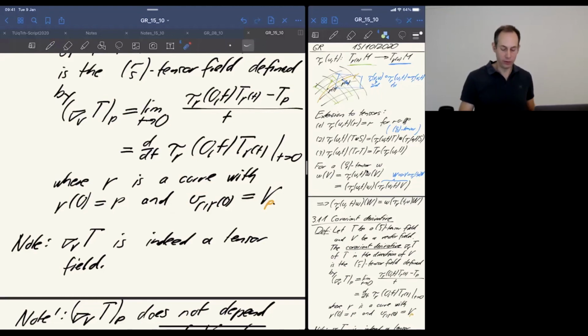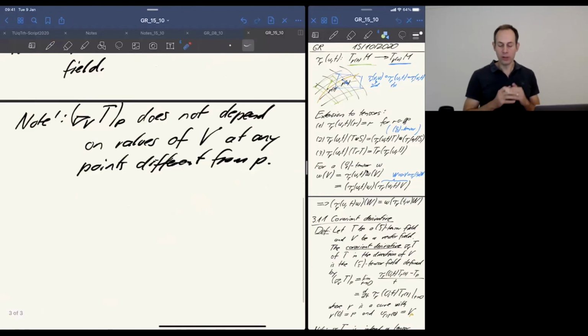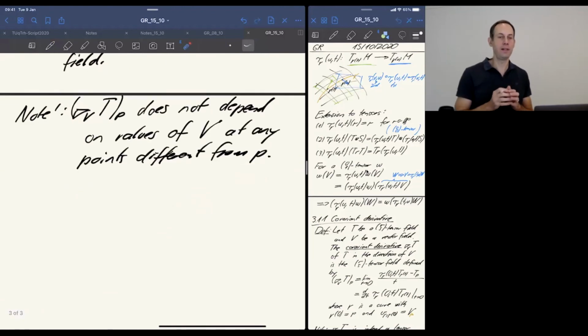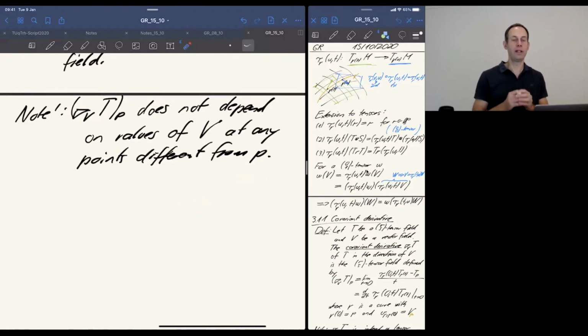What I will therefore do now is write down the coordinate expressions for the covariant derivative and then compare it to the coordinate expression of the Lie derivative. Then this difference that I just noted will again be visible in the coordinate form. So just bear with me for a moment, and you will understand why this note would not be correct for a Lie derivative.